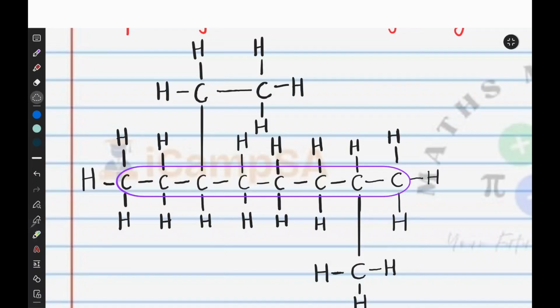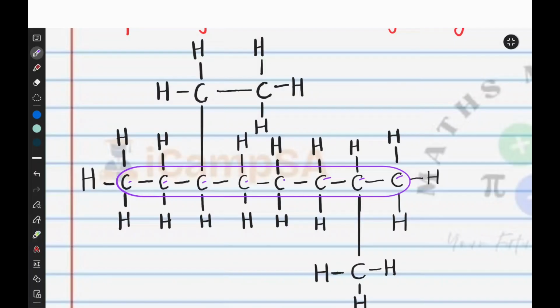So right, that's our straight chain, but is it the longest? Let's check. It has 1, 2, 3, 4, 5, 6, 7, 8 carbon atoms, right? That's our first continuous chain that we could determine.